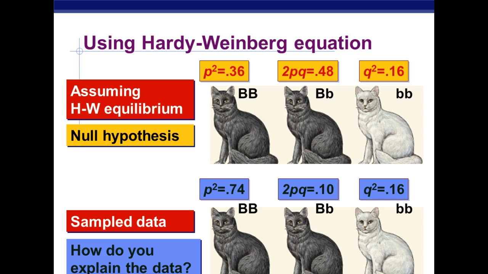So if black cats start to breed with blacks and whites with whites, then we're going to end up with more black cats and therefore more big Bs, bigger big B, it sounds like the coffee place, frequency than we did in here. So if these cats decide to only breed with blacks and these only with whites, then we're also going to get a corresponding increase in the frequency of dominant Bs. Does that make sense to you? Hopefully you're shaking your head. Yeah, that makes sense.